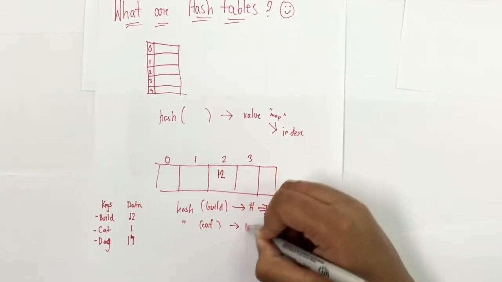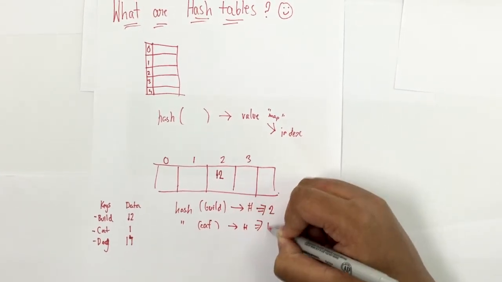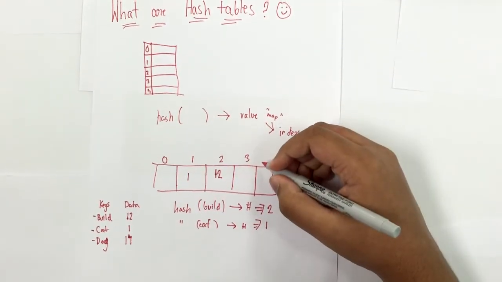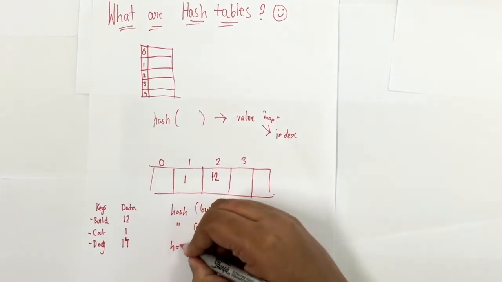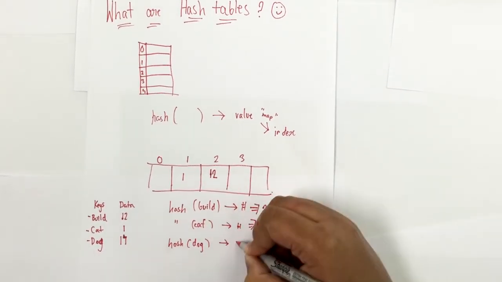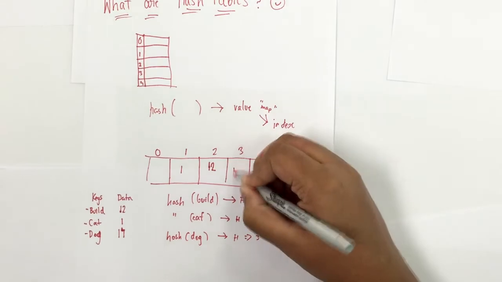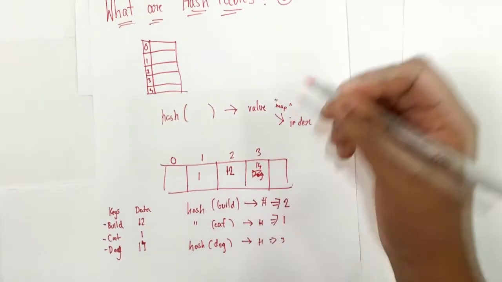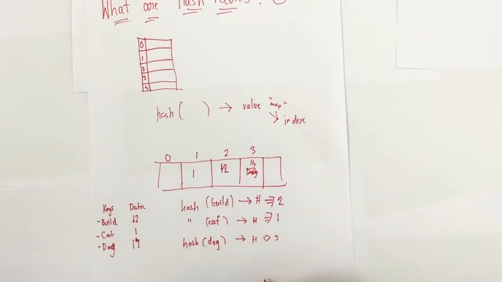And cat, if we use it in a hash function and it maps to index number 1, the data of cat, 1, will be stored in index number 1. And dog, let's say it returns index number 3, so we store 14 in index number 3.